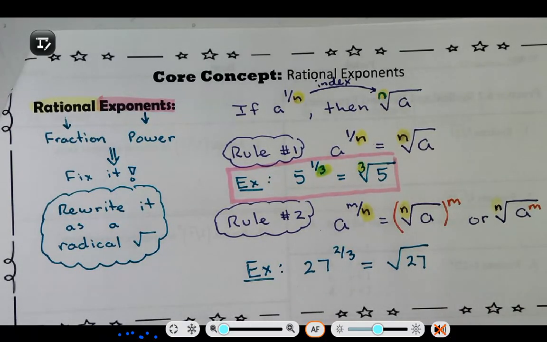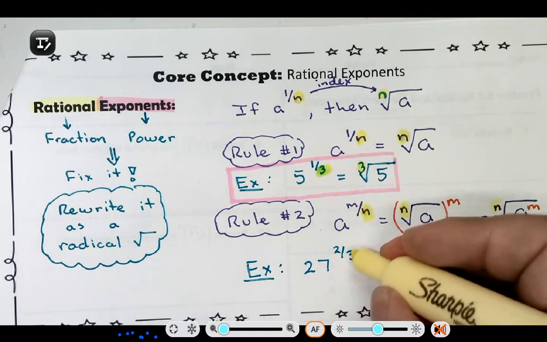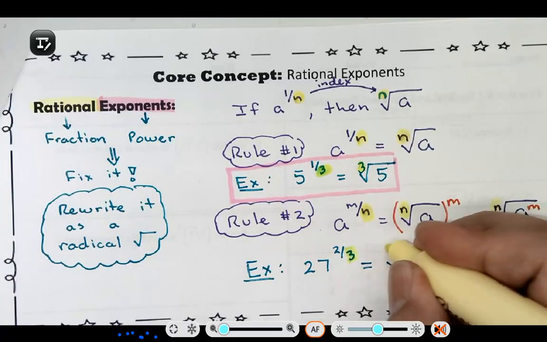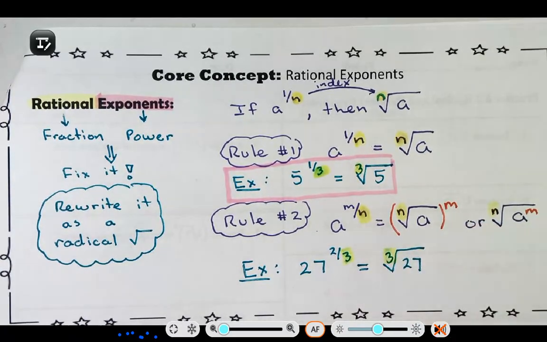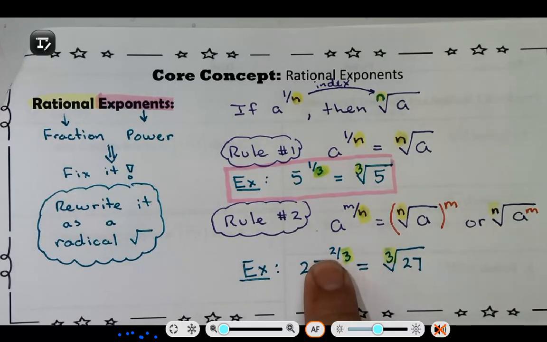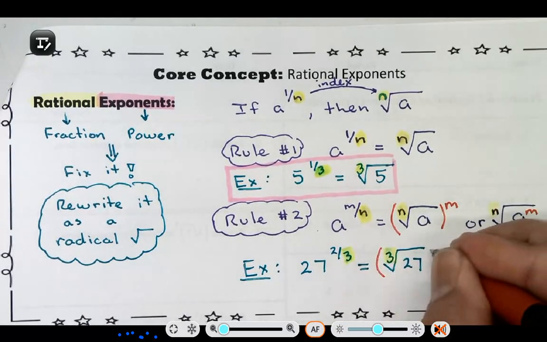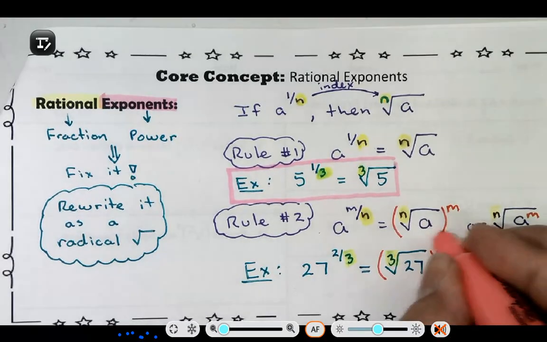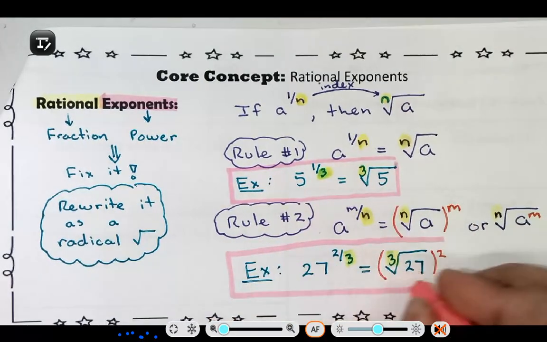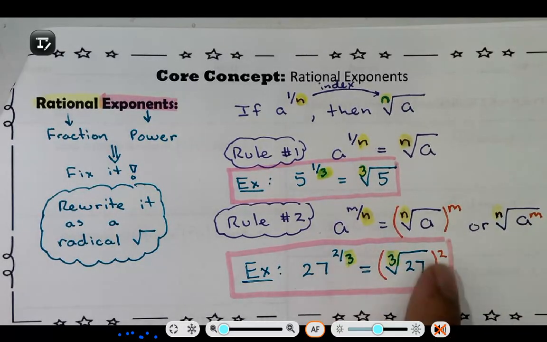But keep in mind, this is my denominator, so that's my index right here. This is what I write in there, the 3. And then the 2 that's on top, remember, you could just throw that out on the outside. And that's what we're going to do the most. That's the meaning of that fraction. When you see a power that's a fraction, turn it into a radical.